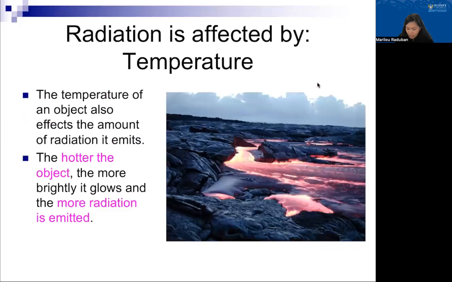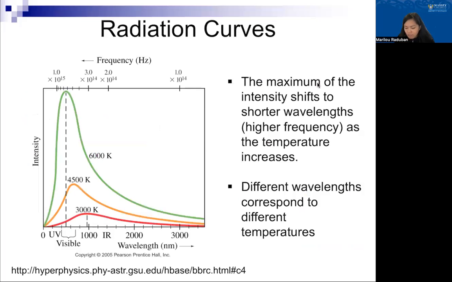So surface area, temperature. Okay, we've also already talked about temperature. The hotter the object is, the more radiation is emitted, because the faster the vibration of the atoms will be, and therefore the more electromagnetic waves are emitted. The effect of temperature on the amount of radiation can be observed via what we call radiation curves.